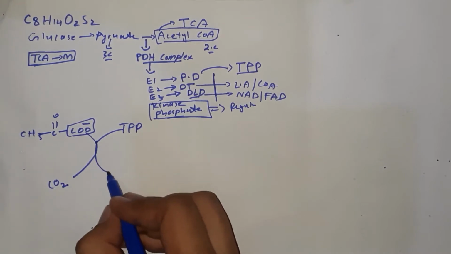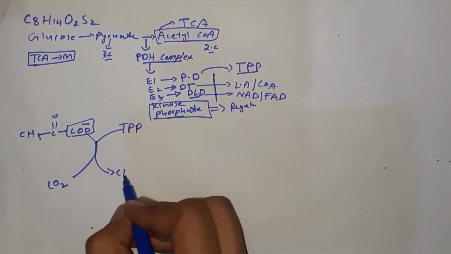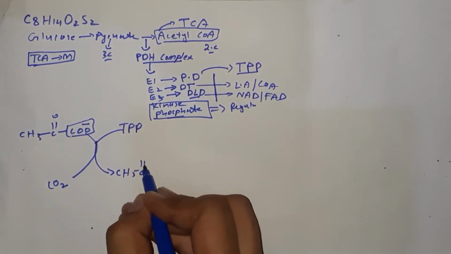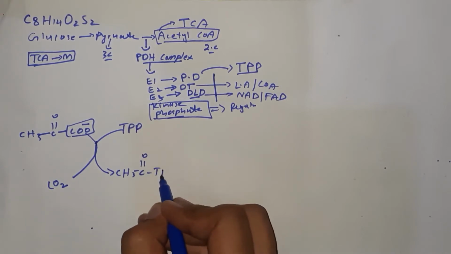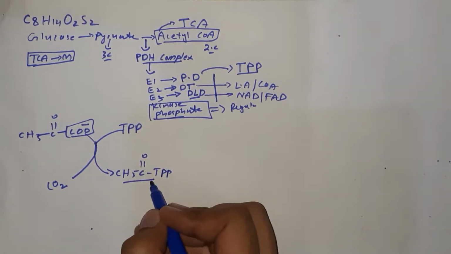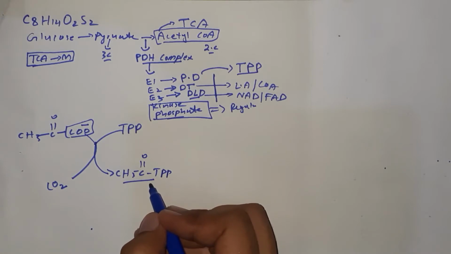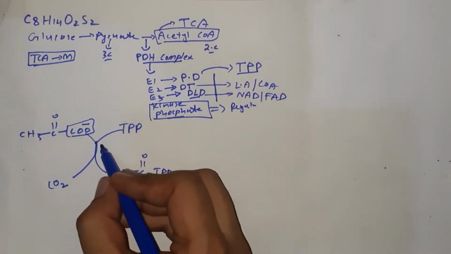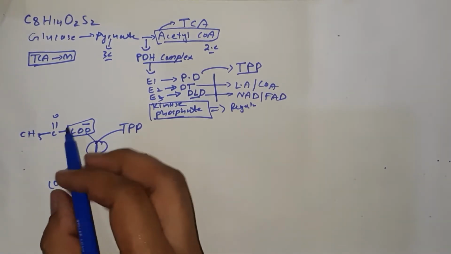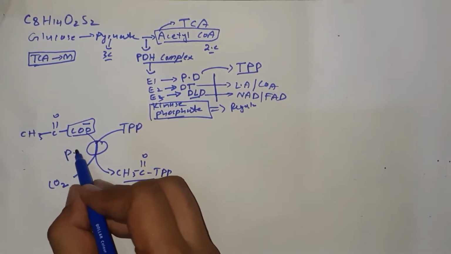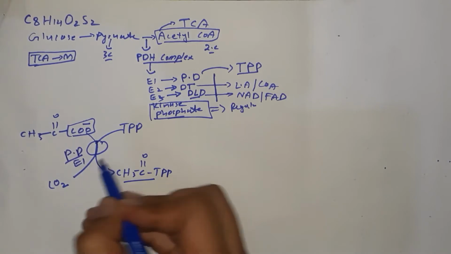As carbon dioxide is released, its space is occupied by thiamine pyrophosphate or TPP, and a hydroxyethyl derivative intermediate is formed. This reaction is catalyzed by pyruvate decarboxylase or E1.